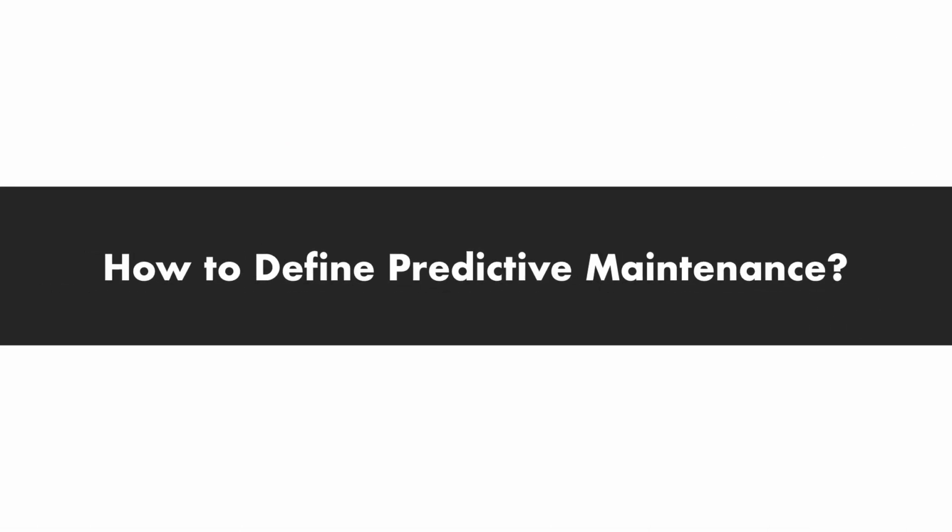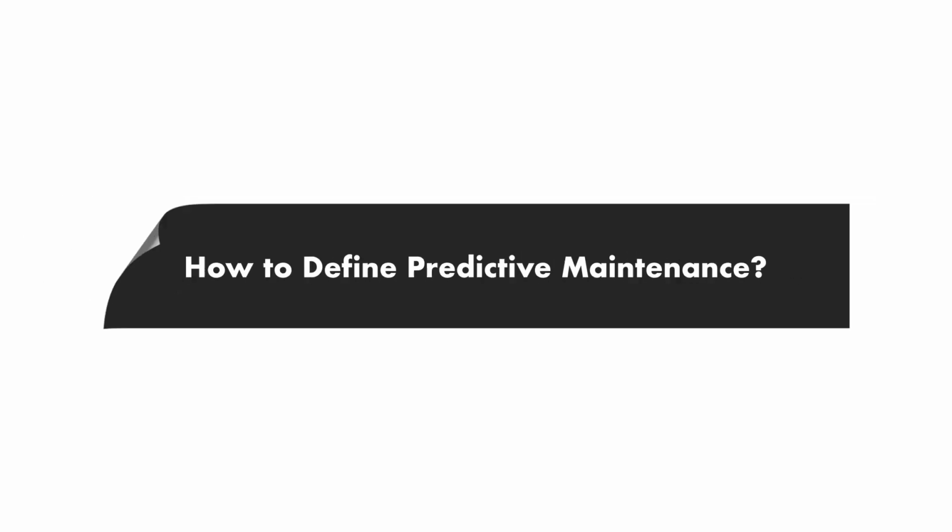But how do we do predictive maintenance in the first place? How can we define predictive maintenance, and what characterizes it? Well, predictive maintenance is based on the actual health status of the equipment. So the idea is to look at the system.